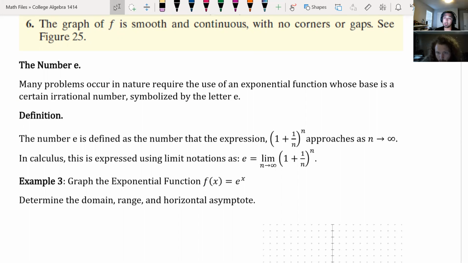We use it in science applications. So for business applications, you can find the rate that your money's growing at a certain interest rate over an amount of time. For science, you can find out how long something's been dead for, right? You can find the age of a dinosaur or just ancient artifacts, which is pretty awesome.